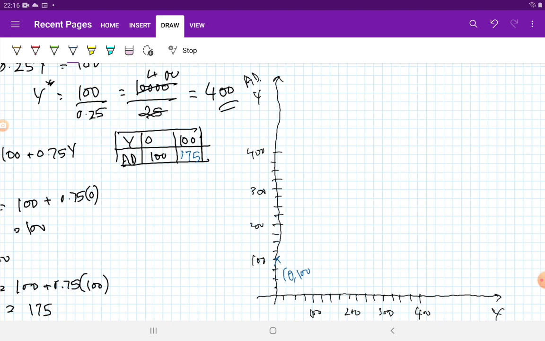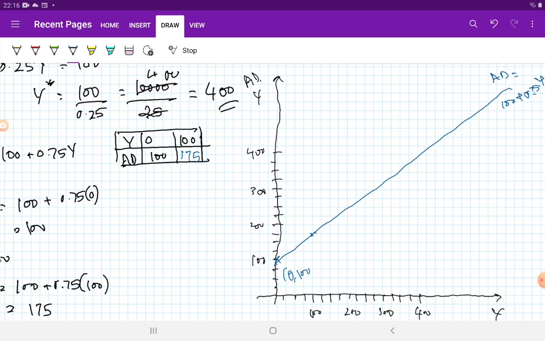When it's 100, that's the point. So that's the point over here, right? So this is my aggregate demand curve, the equation was 100 plus 0.75y, right?